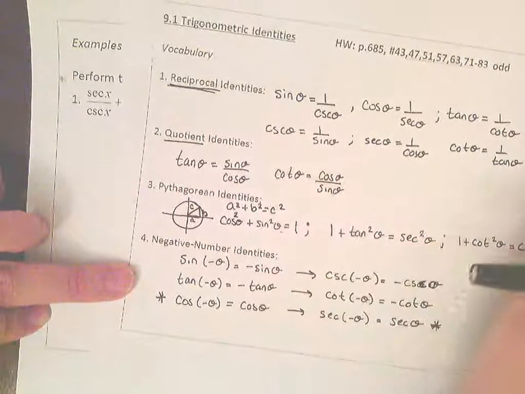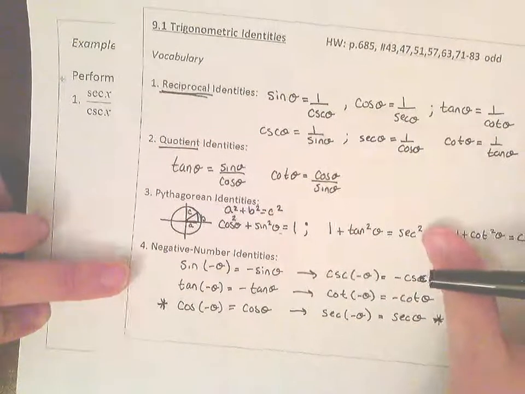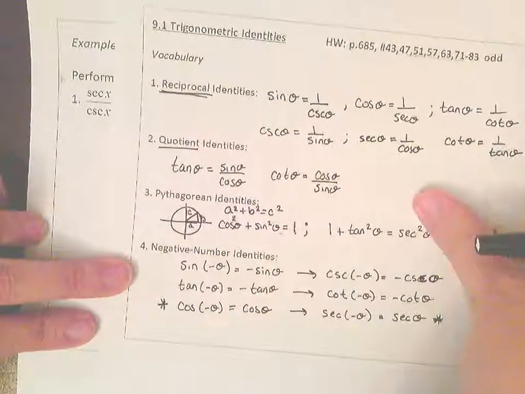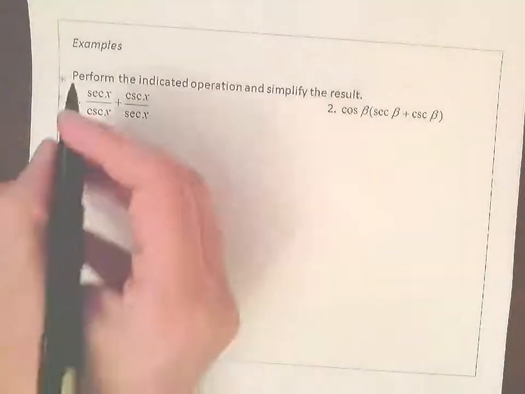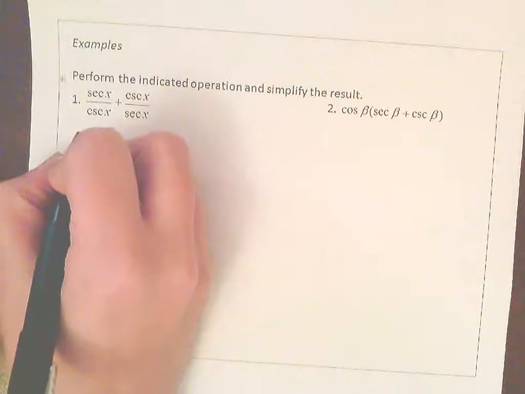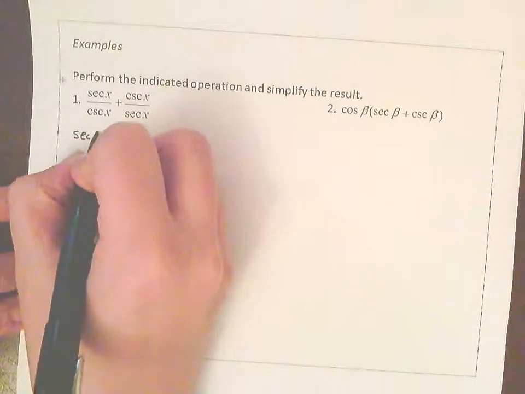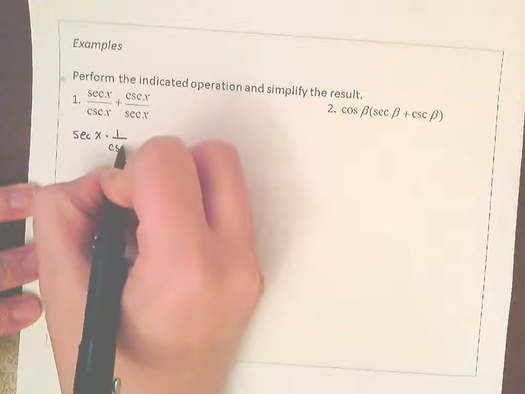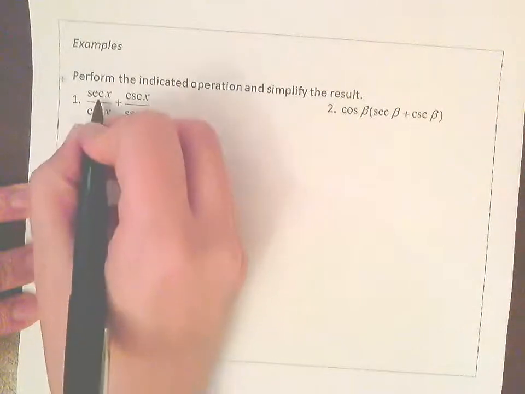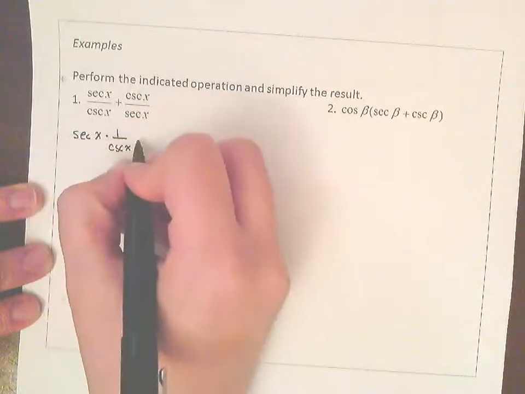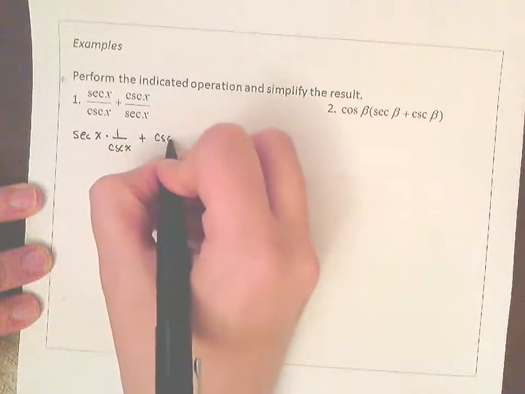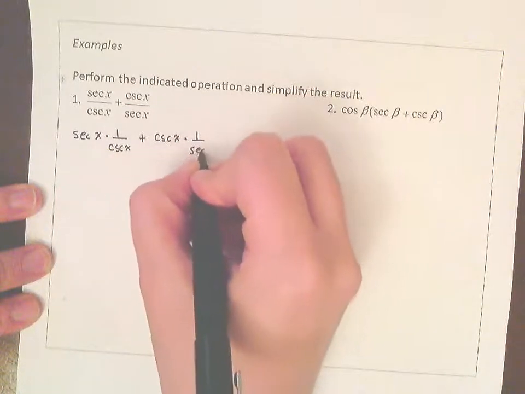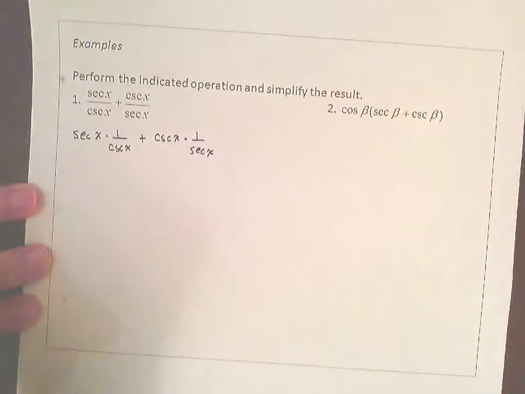So I know I can't use the quotient identities, but I could possibly use the reciprocal identities. But to do that, I need to separate these. So I know that secant of x times 1 over cosecant of x is the same thing as secant over cosecant plus cosecant of x times 1 over secant of x.